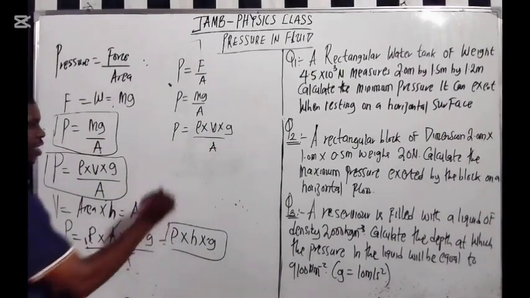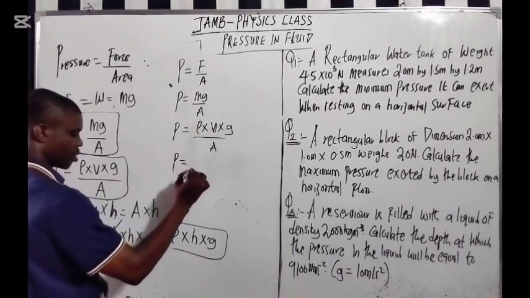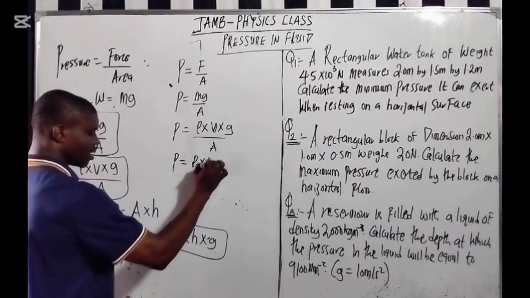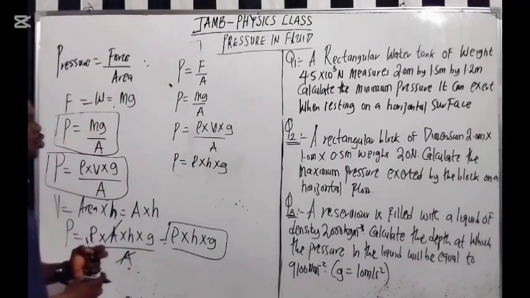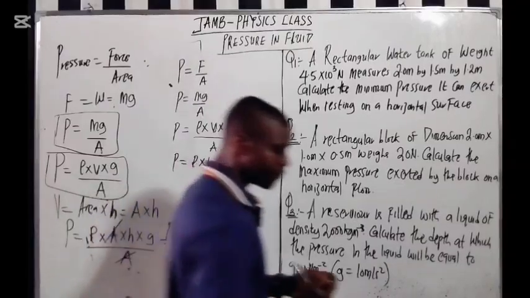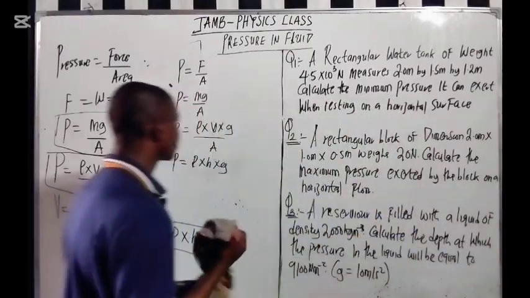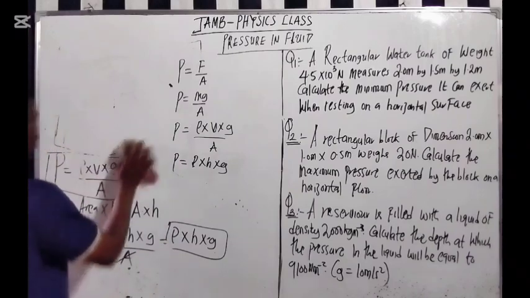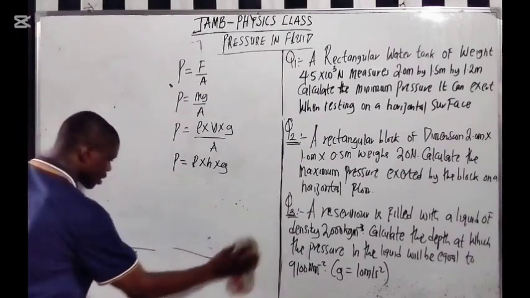From there we now got P equals the density times h times g. So we have these important formulas. No, not three. 1, 2, 3, 4. 4 important formulas.